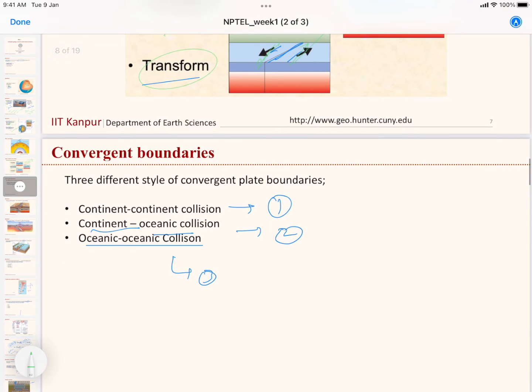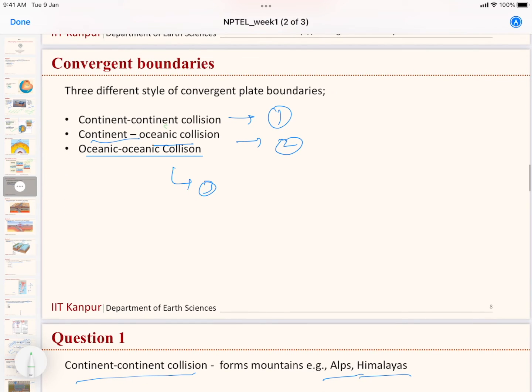Under the convergent boundary, we can have three kinds of scenario. First is the continental collision, second is the continental and oceanic collision, and the third is the oceanic and oceanic. Since we have two kinds of plate, continental and oceanic, we get three types of combinations.